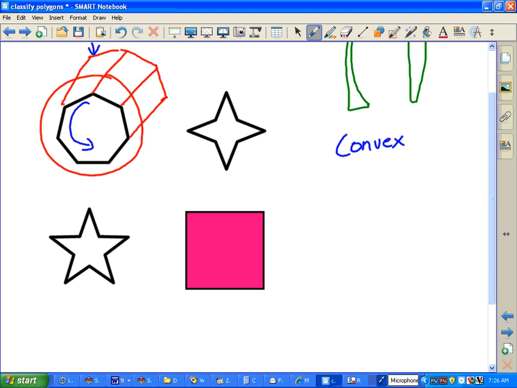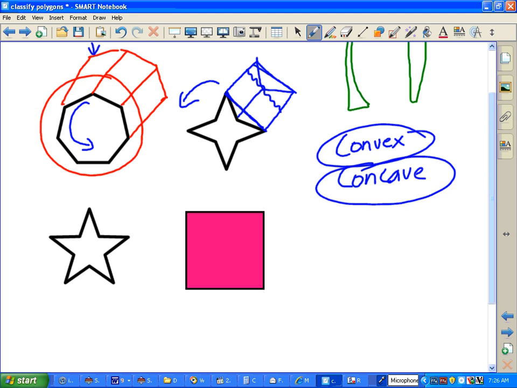But if it would hold water, like this one would, if I poured water in here, if I rotated this a little bit this way, it would hold water right in there. Correct? There's a little pocket there for it to hold water. That is concave. So polygons can either be convex or concave. That's one way to think about it.